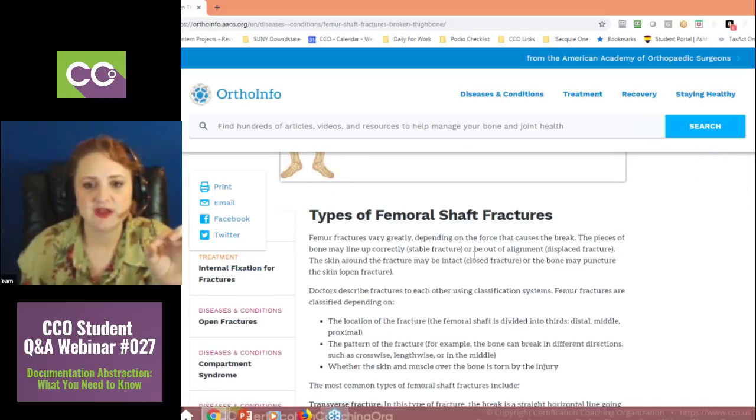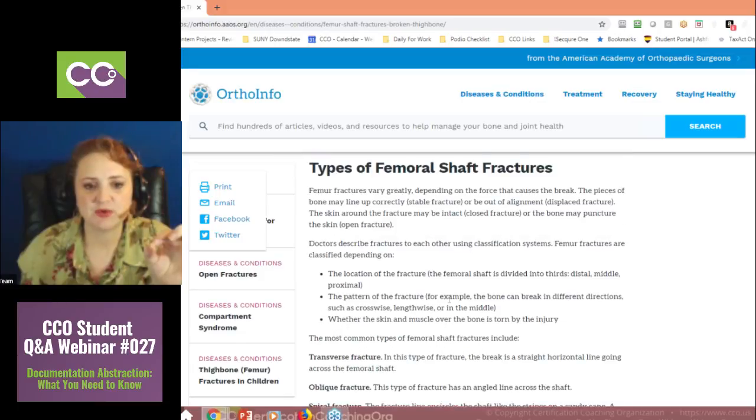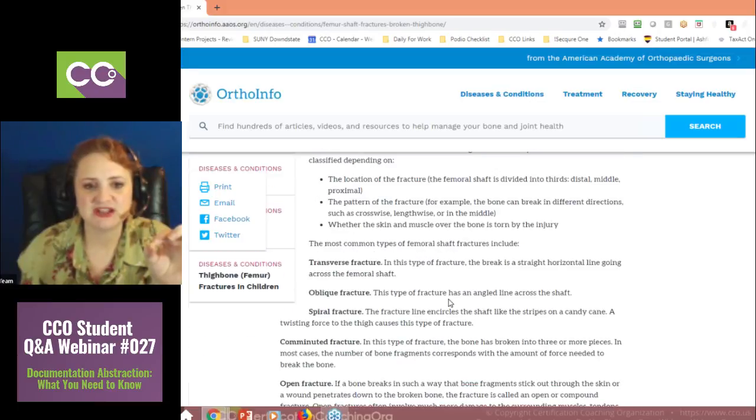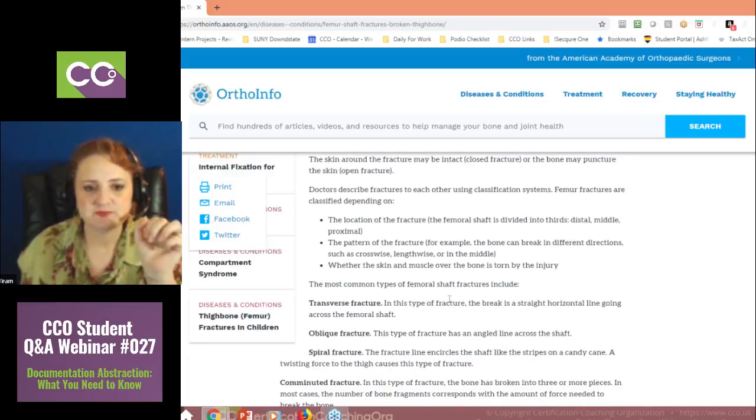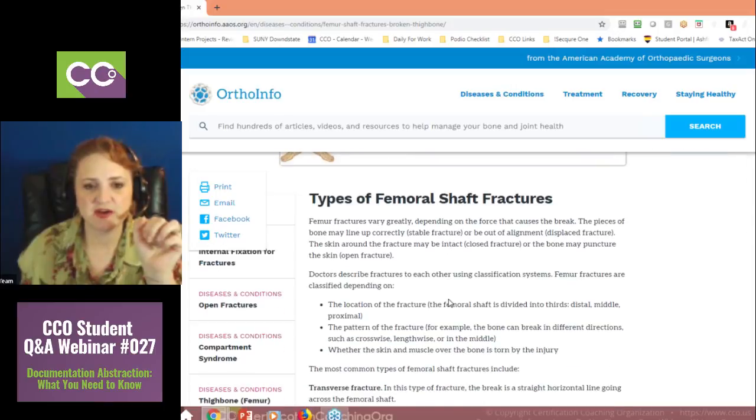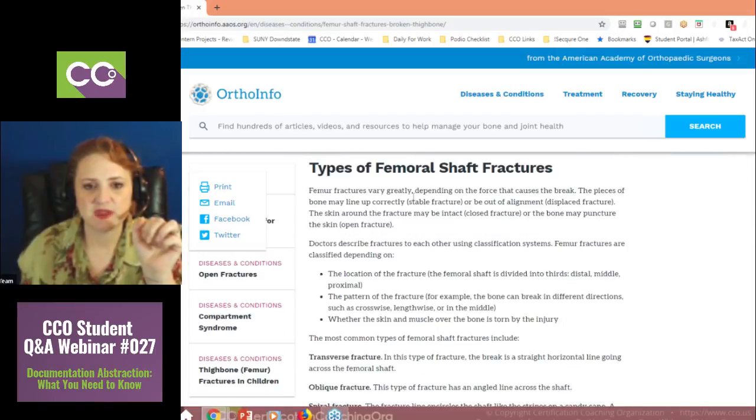So here is some of the information that I started pulling out. And you notice I just copied and pasted into there what you needed to know. So we know from here that we have stable fractures, we have displaced and closed and open. Right there, that's where I got that.